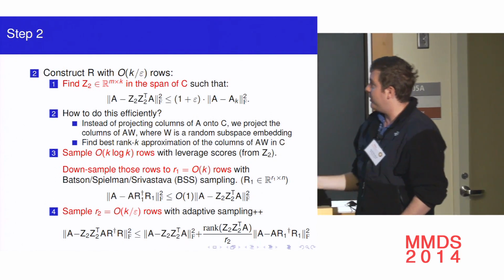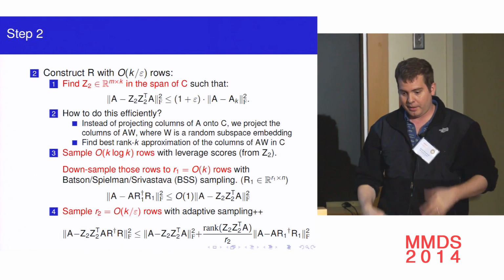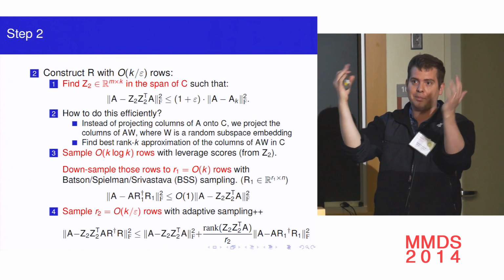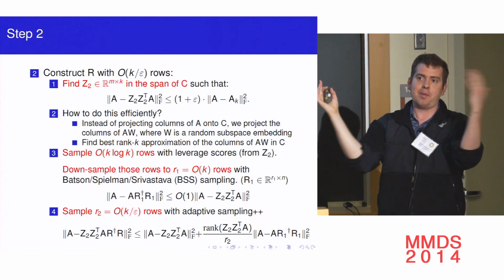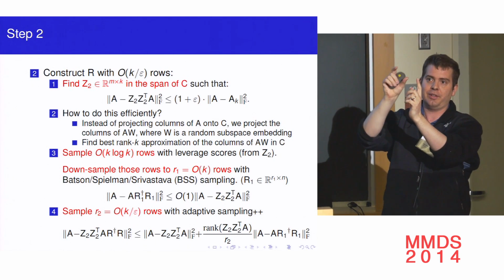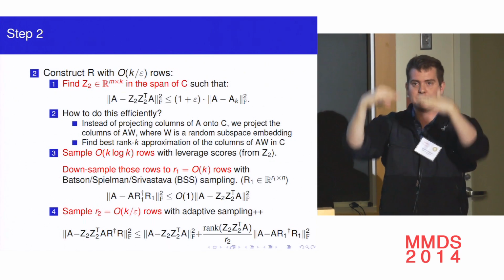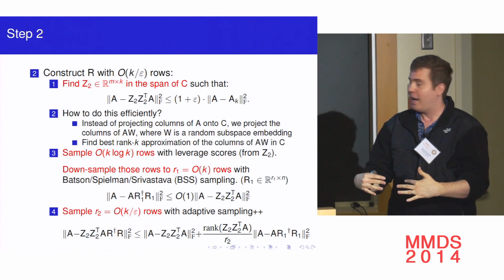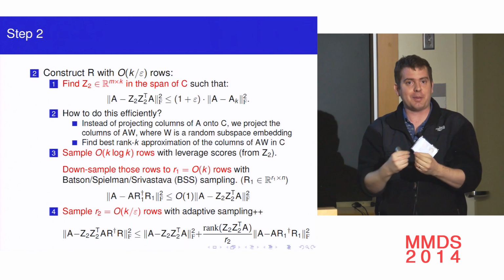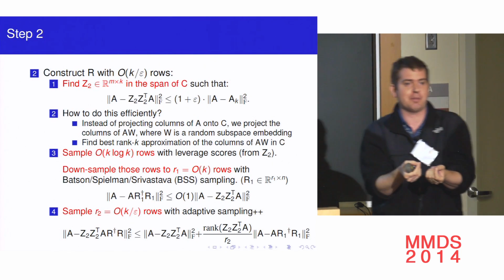Basically, Deshpande and Vempala intuitively says that I took my columns, projected them onto some space, looked at the residuals, and sampled according to those residual norms, and I was able to reduce my error with respect to the best rank k approximation, A minus A_k. That's what Deshpande and Vempala says.